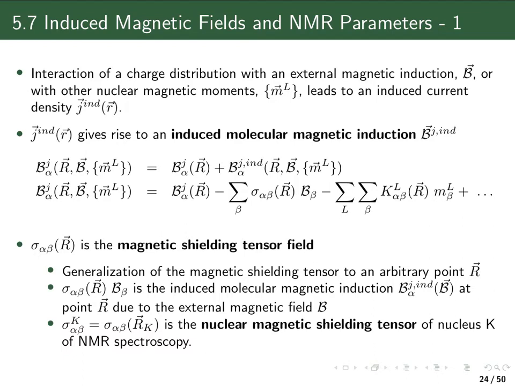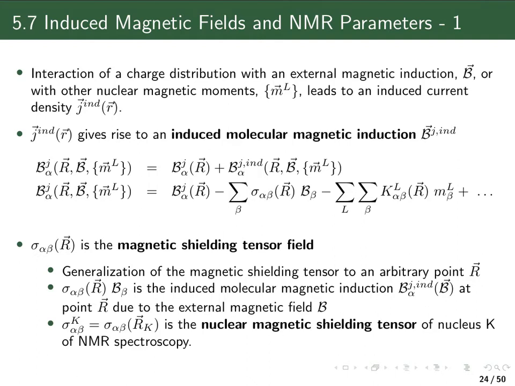Here I write up the same symbol as we already had when we discussed molecular magnetic moments and the induced molecular magnetic moments coming from the interaction with the nuclear magnetic moments in the molecule, this absolute shielding tensor. And we will see that these are actually related to each other. And we also get a term linear in the nuclear magnetic moments.